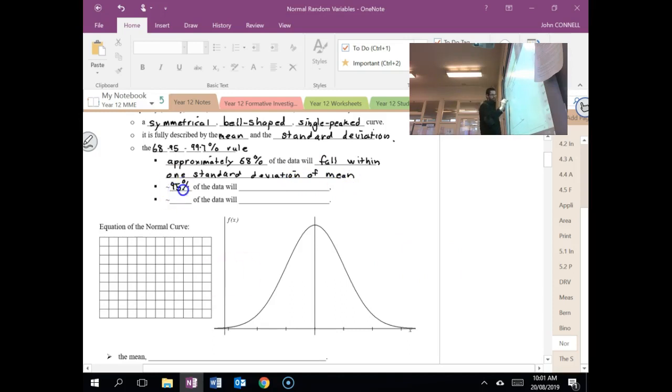Approximately 95% of the data will fall within two standard deviations. And approximately 99.7% of the data will fall within three standard deviations.